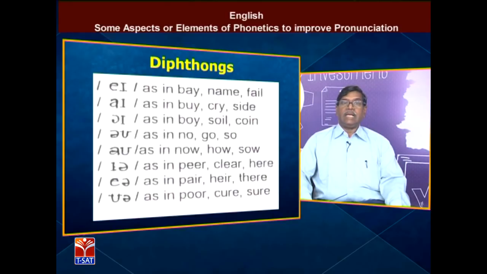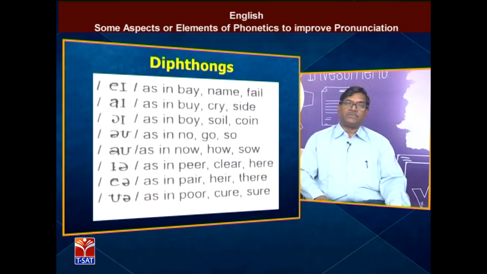These three sounds end with a sound. So, we have 8 diphthongs and 12 monophthongs in English, totally 20 vowel sounds.